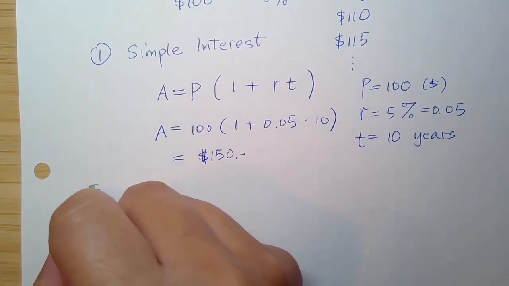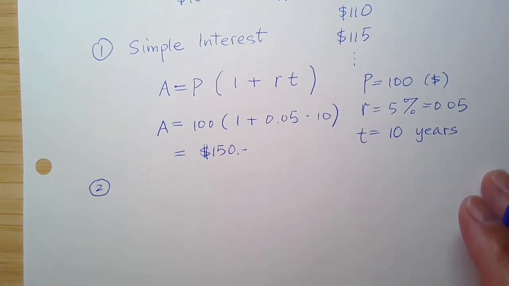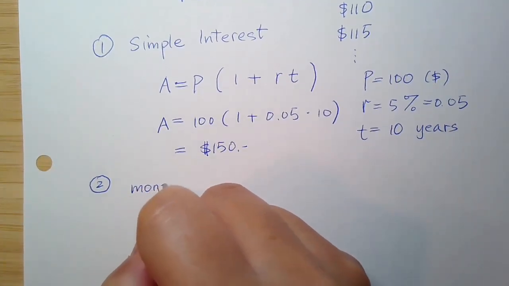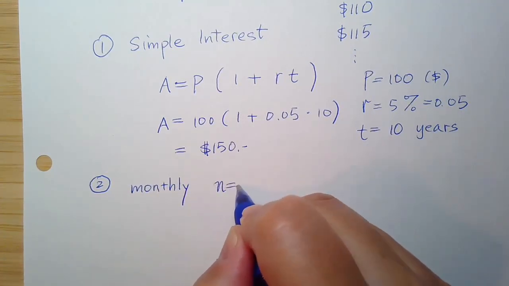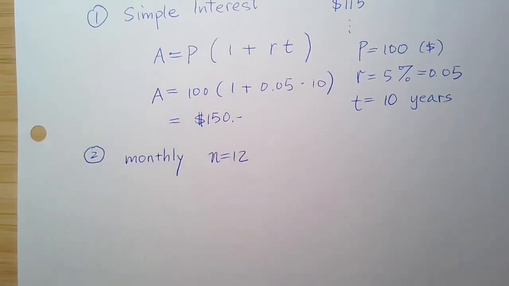It's called compounding periodically. For example, if we compound monthly, what that means is, in this case, N is 12. At the end of each month, the bank will calculate how much the interest is and put it on your account, and this interest is going to be treated as principal for your next calculation.